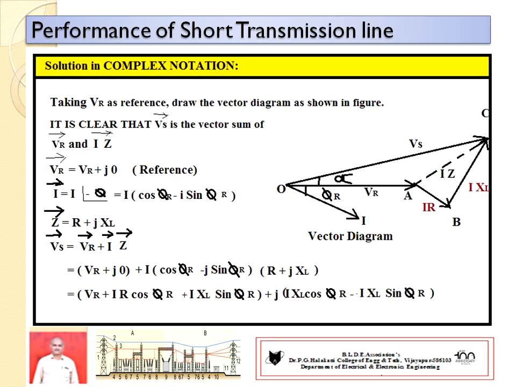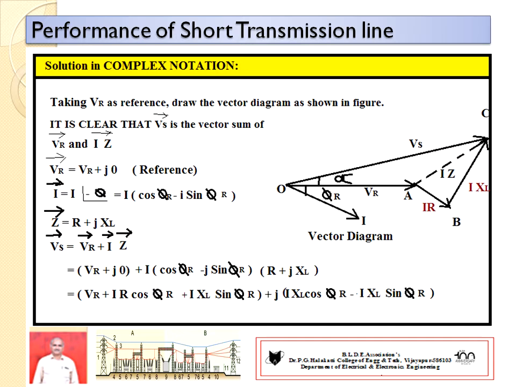In complex notation, vector Vr equals Vr plus j0, or Vr with an angle 0.